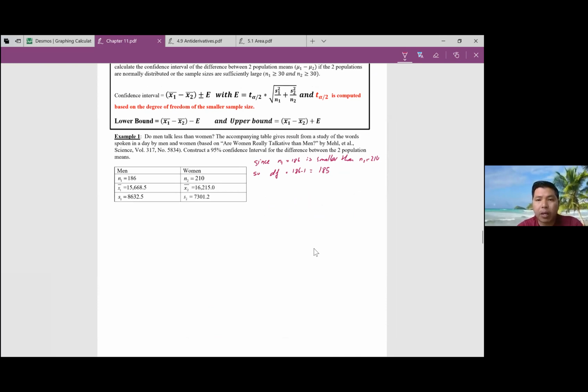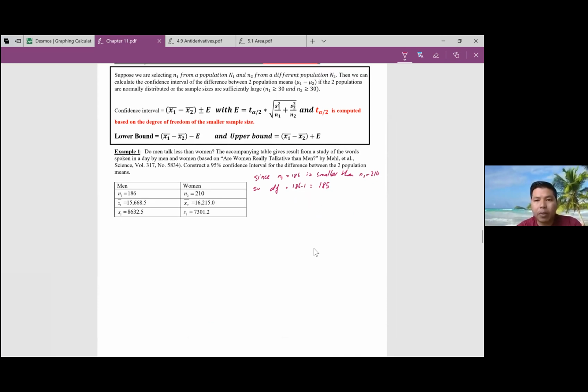So we have 95% confidence. Therefore, alpha will be 5%. In other words, alpha over 2 will be 2.5% or 0.025.